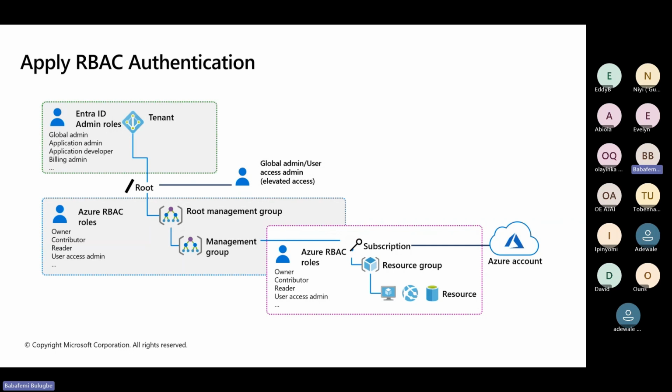However, before he can actually manage those subscriptions or those resources, you still need to be assigned a role on that subscription or on that particular resource. So if the global admin elevates his own access, he can then assign a role to himself. Having a global admin role doesn't mean you can manage a particular resource.